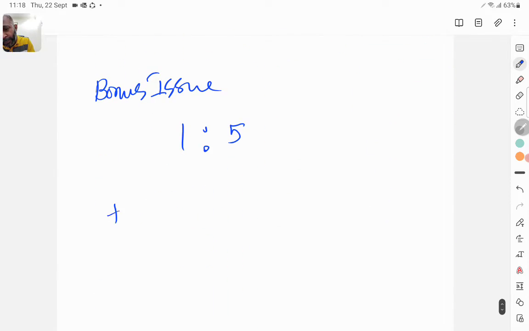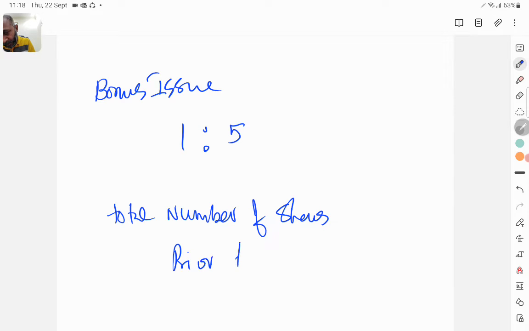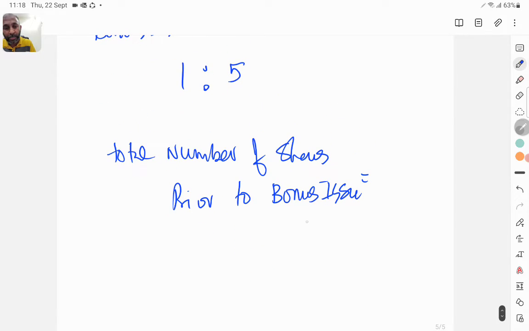So the total number of shares prior to the bonus issue is 500,000 plus 250,000. These are quantity, number of shares, which is 750,000.